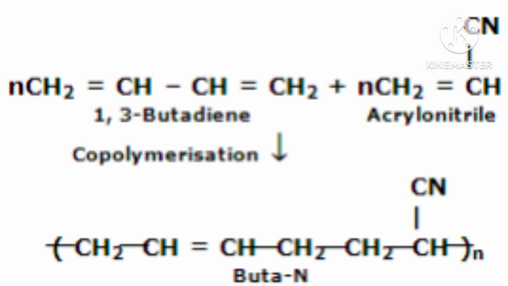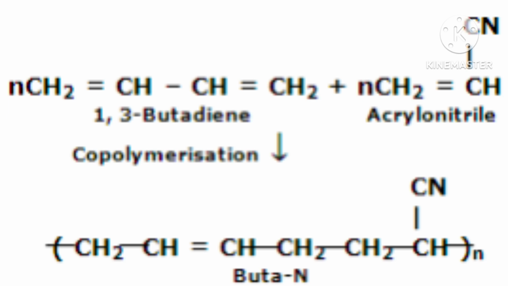Next, for neoprene, I want to tell you the structure, so you can understand it very easily. There is a chain of 4 carbons, with a double bond between carbon 2 and 3, and only carbon 2 has Cl attached, and this repeats many times.